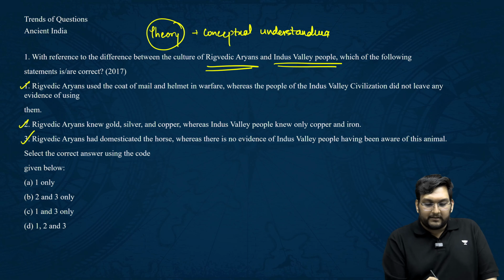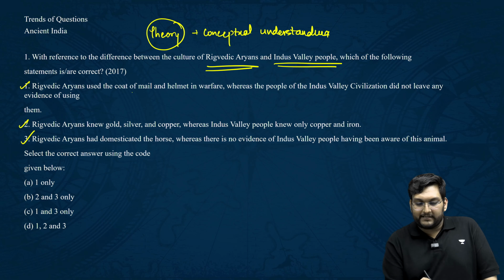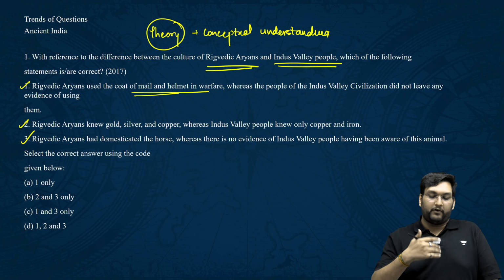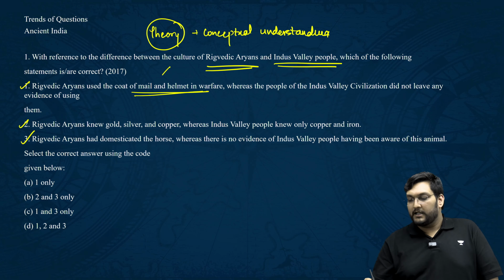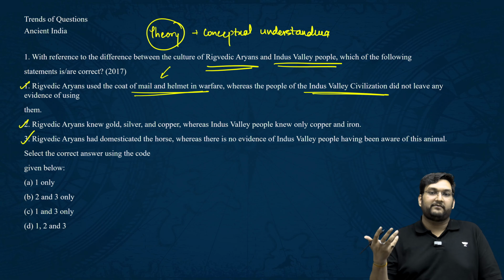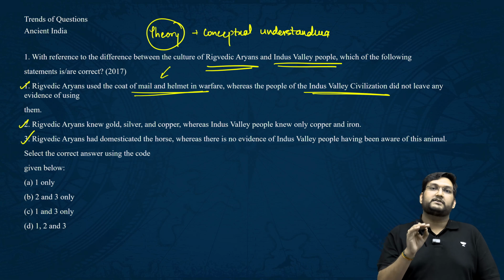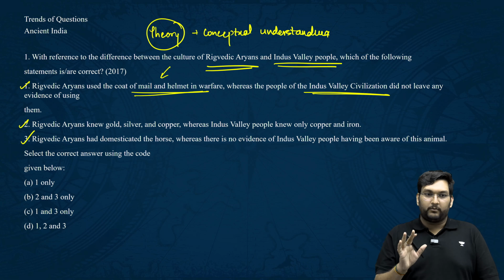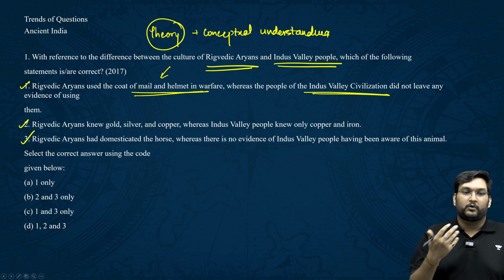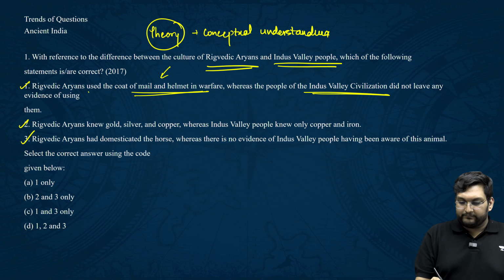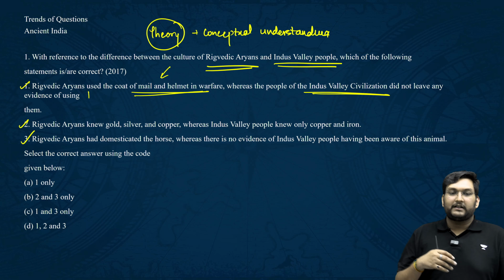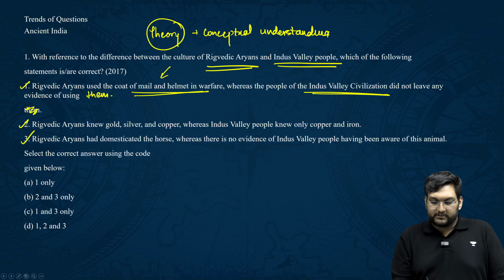For example, was there any form of warfare in the Rigvedic period? Was there any form of warfare in the IVC? This statement is actually correct, that there was no evidence of IVC having any form of warfare. Then thereafter, Rig Veda used gold, silver, copper.